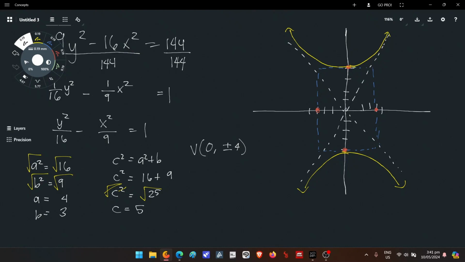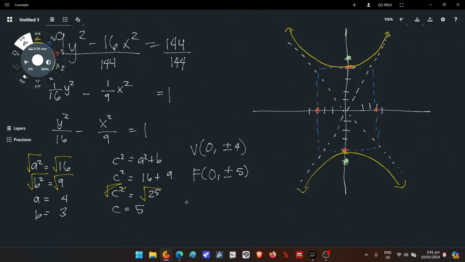So let us check 0 and positive 4, so 1, 2, 3, 4, so it's correct, and negative 4, 1, 2, 3, 4 is correct. And for our foci, it's 0, positive negative C. And our C is 5, so positive negative 5. It's also correct: 1, 2, 3, 4, 5, and 1, 2, 3, 4, 5. Positive 5 and negative 5.